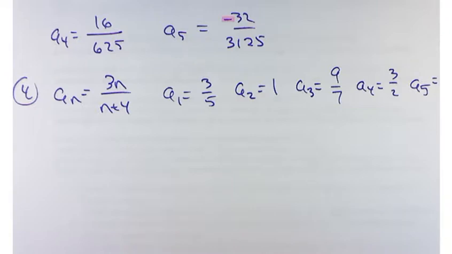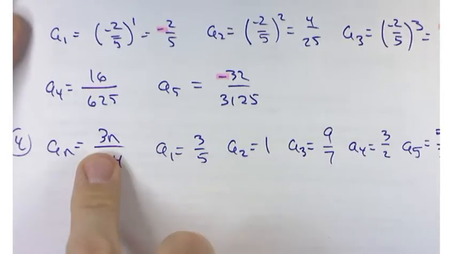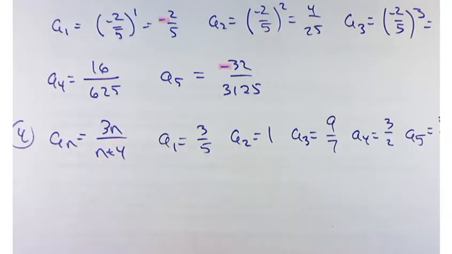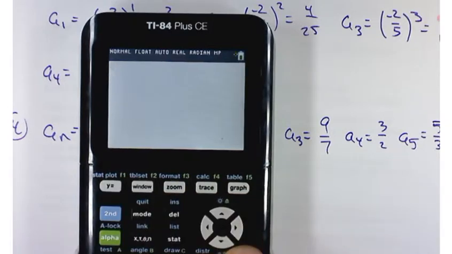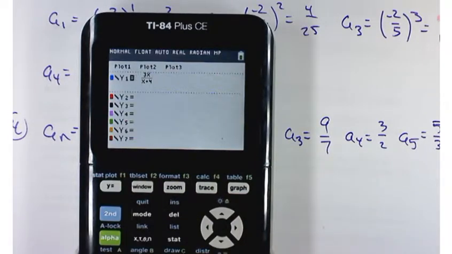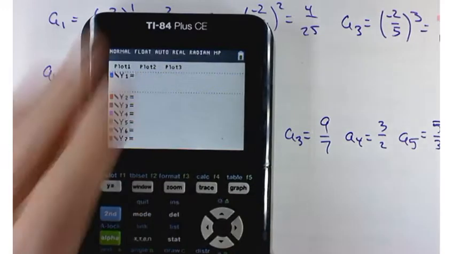Can you real quick do that? Where did, which one? This one? Yeah, when you plug it in. All right, so one more time, you're going to hit the y equals key, and then let me clear this out.